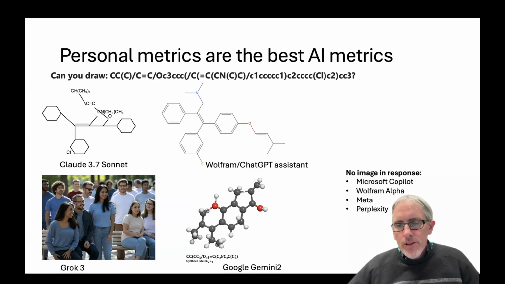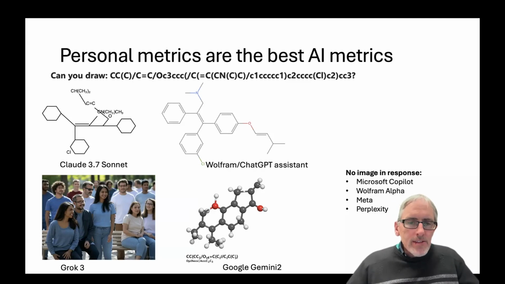And so in this case, I'm just checking what various LLMs do with a request for a drawing of a SMILES code. And I can tell from this that Claude 3.7 Sonnet has probably a decent amount of chemical structure drawings in its training data, but it's not parsing the SMILES code particularly accurately and failing to show aromatic rings properly, but not doing horribly overall.